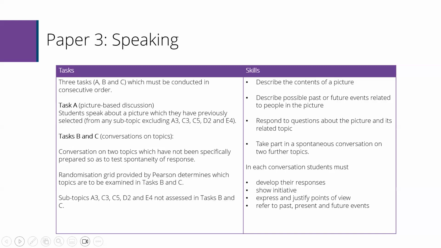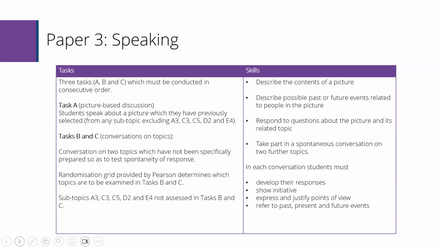Now let's have a look at the skills that you need to be developing, because these are almost the classroom activity, the basis for the learning outcomes of your lessons. So we're wanting students to describe the contents of a picture.